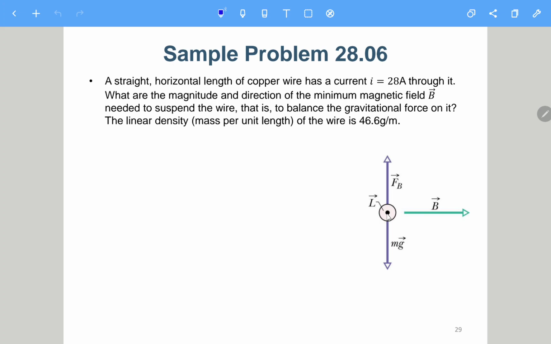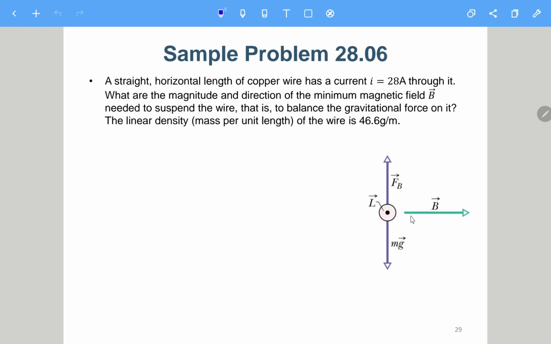Okay, so L cross B, B is pointing to the right side. It also asks you the direction, but of course this figure already shows you the answer. So pretend we are very lucky, we just assume that the B field points to the right side.